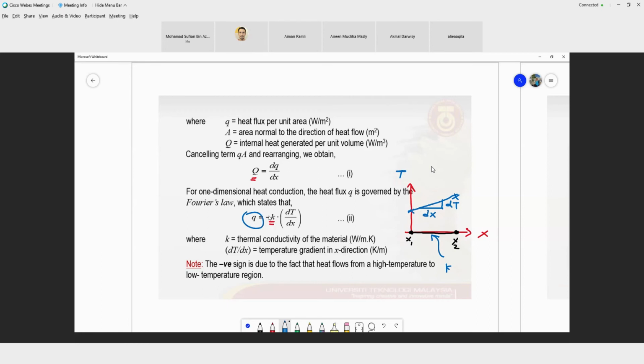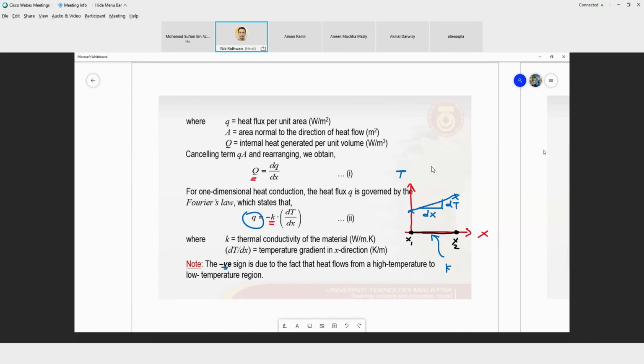And the negative sign used here is due to the fact that heat flows from high temperature to low temperature regions. I guess that when they developed this, they worked from the low temperature to the high temperature. Once they proved that the heat is transferred from high to low temperature, they reversed it by using a negative here.